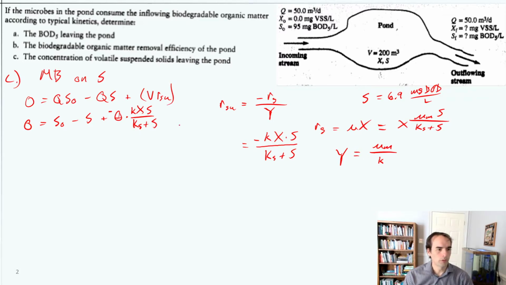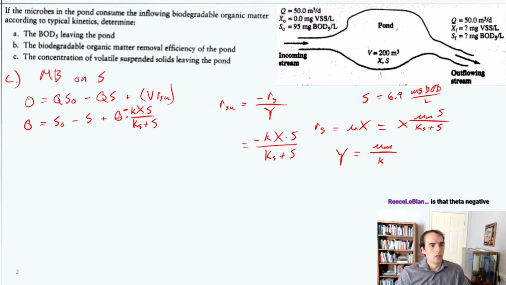I'll take a couple steps. There is a negative there because I was bringing the negative from right here. When we multiplied the V times R of substrate utilization, the negative within the substrate utilization needed to come in. I could have said theta times negative that stuff, but I just put it in front.